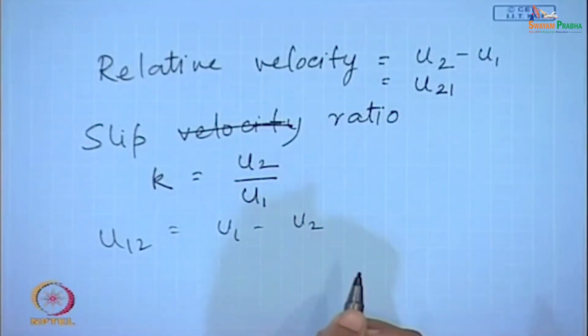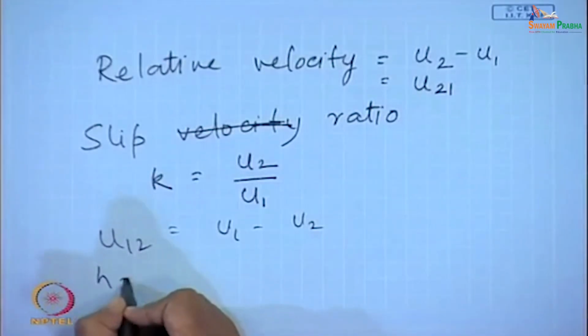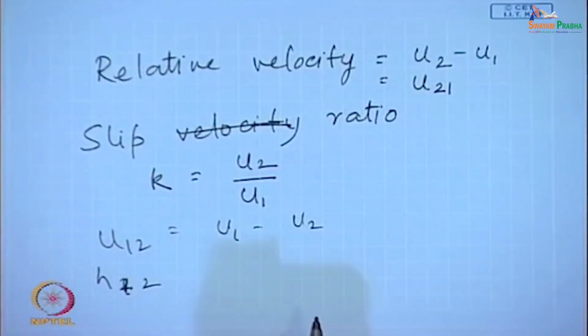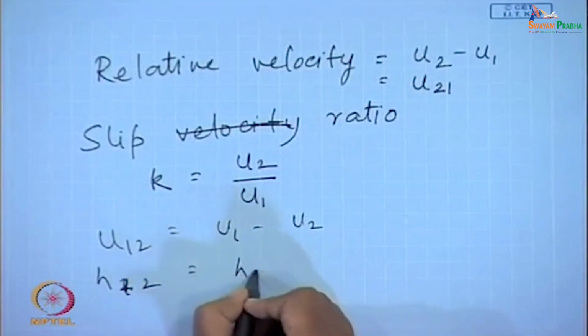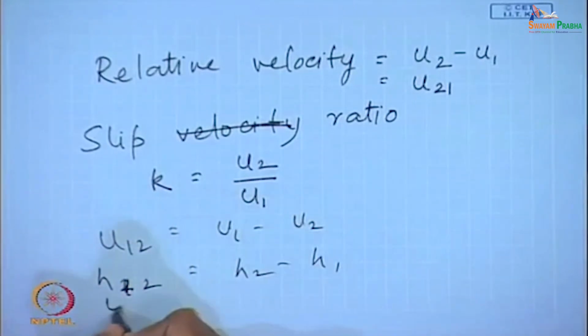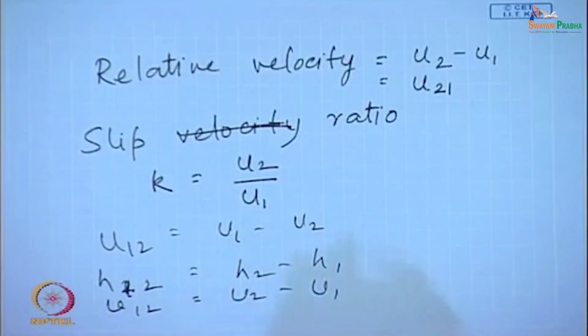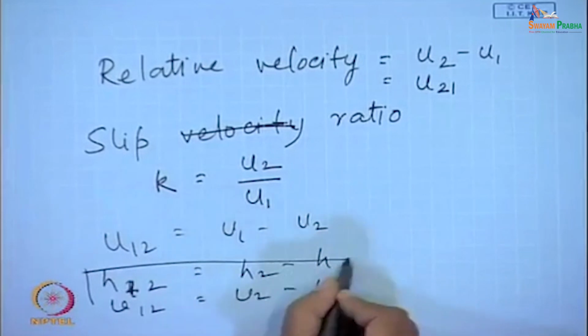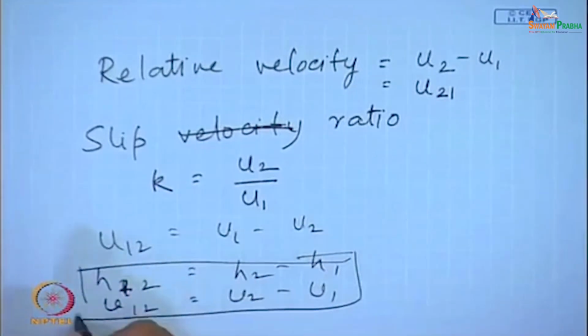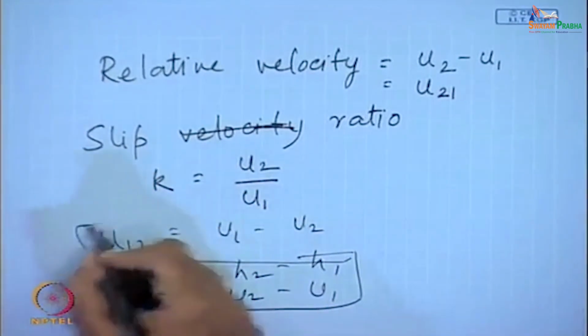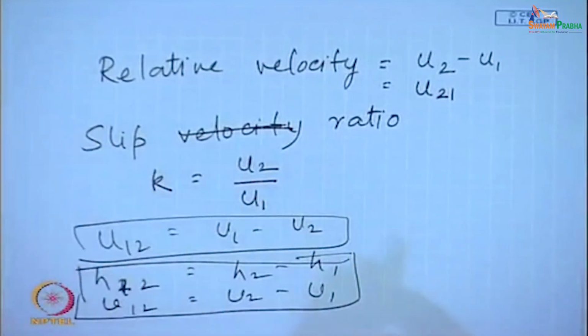But in thermodynamics, if you remember, what does H12 refer to? H2 minus H1. When we say V12, it is V2 minus V1. So, remember one thing, the sign conventions in thermodynamics and in multiphase flow are slightly different.